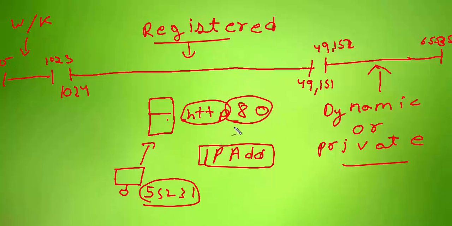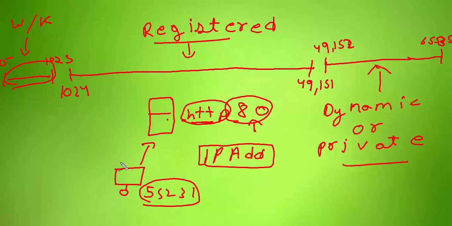So the range we have in these well known ports, the one example I am using is 80. So 80 corresponds to HTTP. HTTP stands for Hypertext Transfer Protocol. So this is basic information.